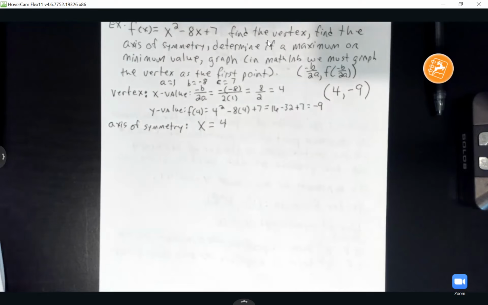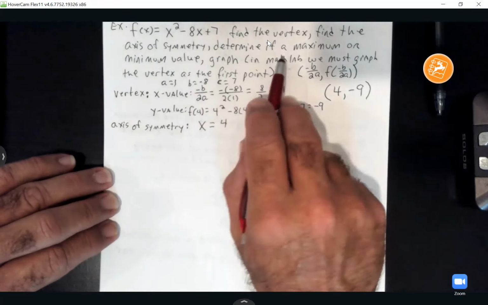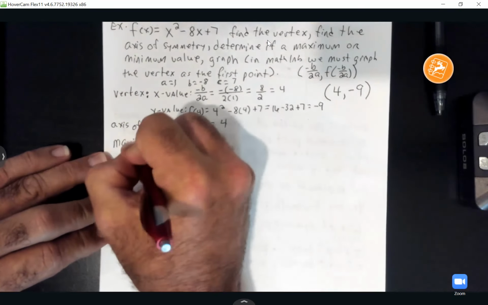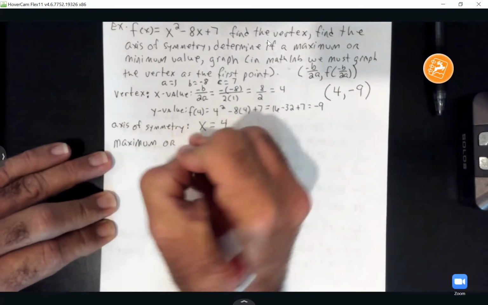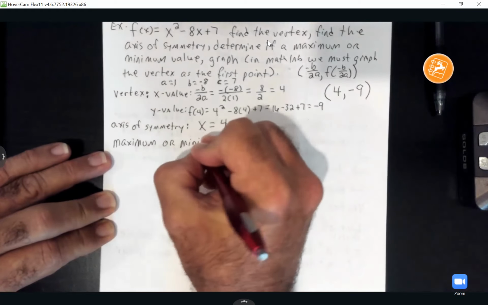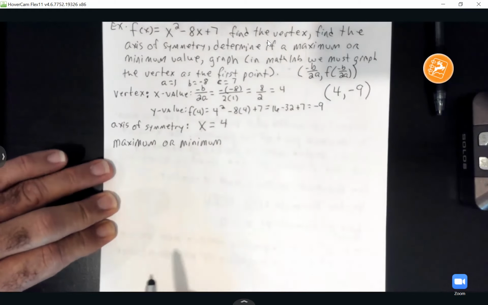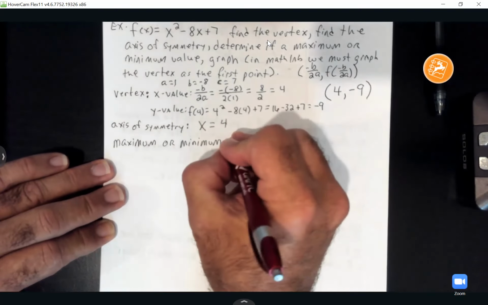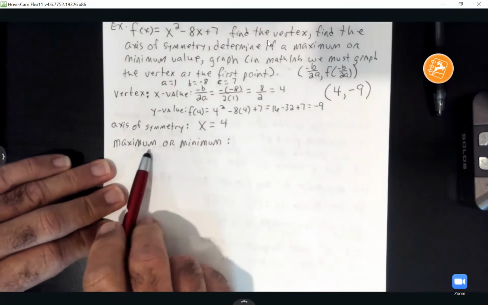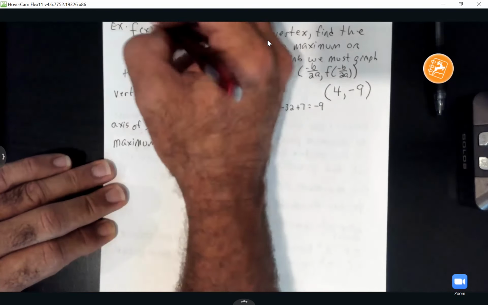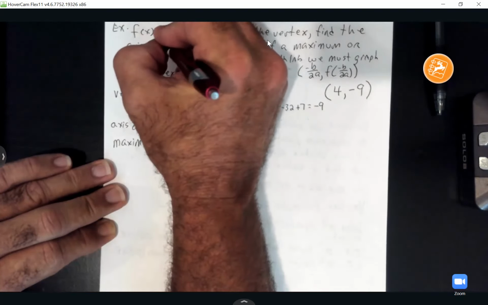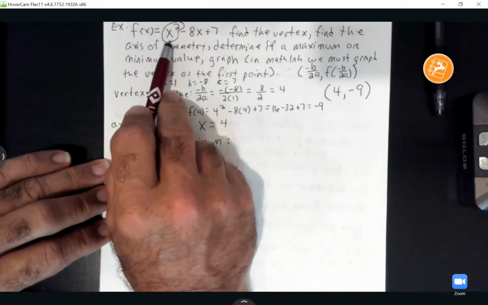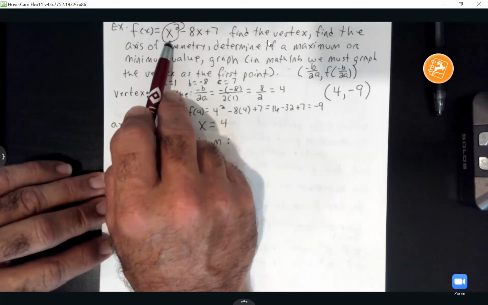All righty. Let's see. Then they want to know if I got a maximum or a minimum, and then we'll tell what that value is. So the first thing to figure out if you got a maximum or minimum, you're looking at this x squared term here. This x squared term is positive.